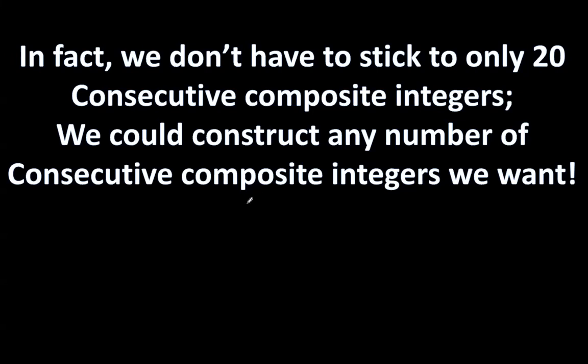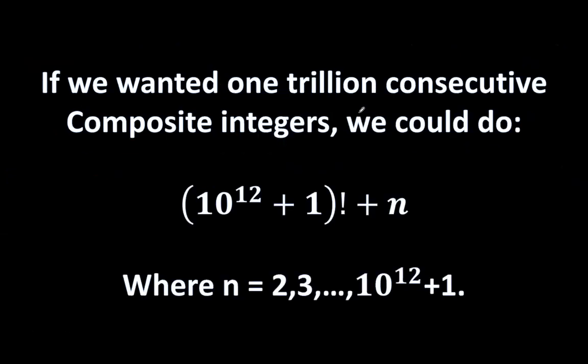In other words, if you say, I want a sequence that's this long, if we use the factorial, we could construct one that long. For example, if we wanted 1 trillion, that's what 10 to the 12 is, a 1 with 12 zeros after it. So 1, 2, 3, 4, 5, 6, 7, 8, 9, 10, 11, 12. That is 1 trillion.